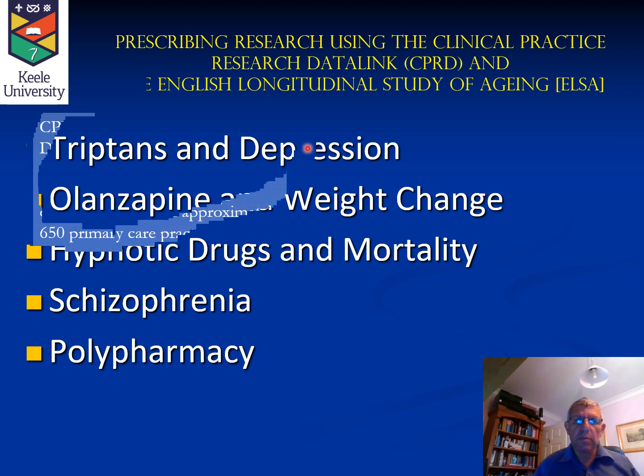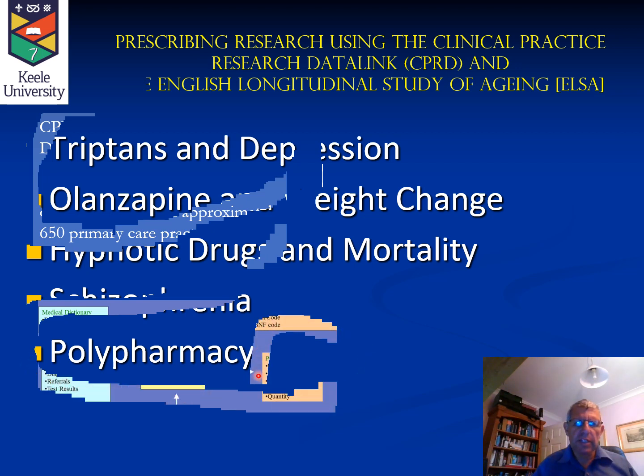You can see from the CPRD website that this observational database contributes to research in many areas: drug utilization, pharmacovigilance, pharmacoepidemiology, etc. The structure of the database is shown down here. Essentially, it has details of every prescription issued in primary care and all the medical records as well, together with some basic information about the people seen in general practice.